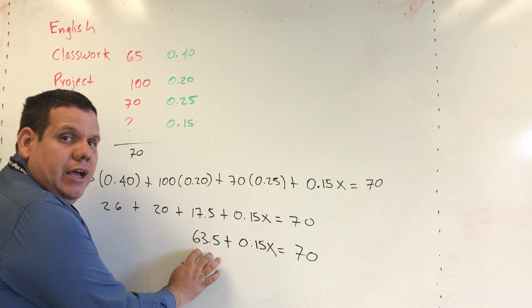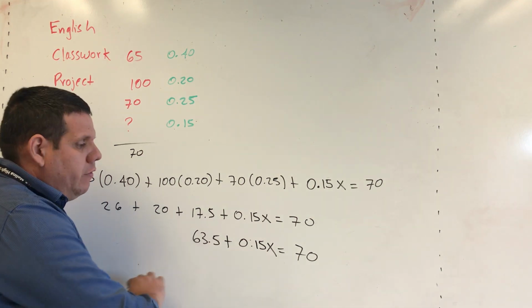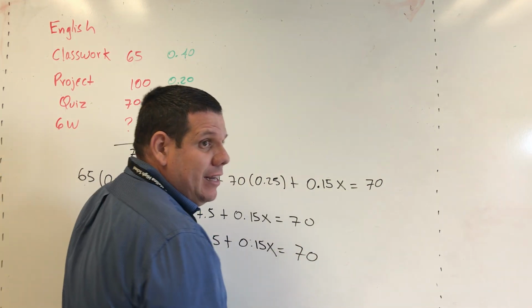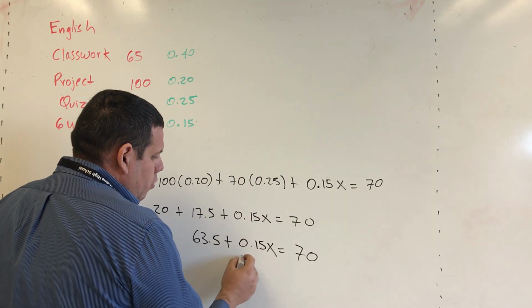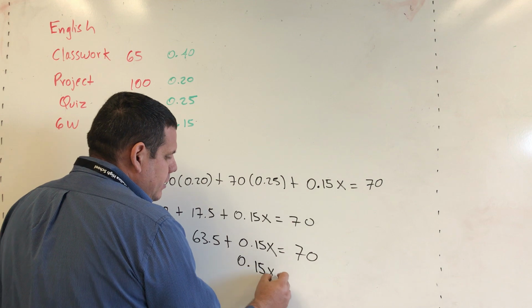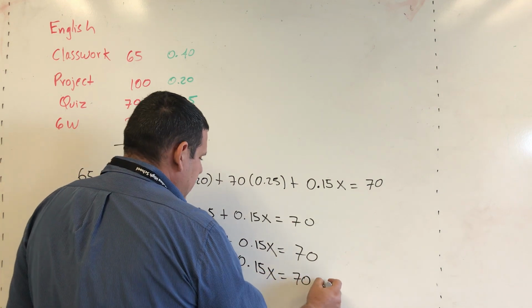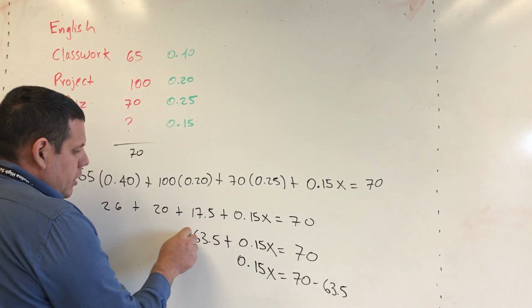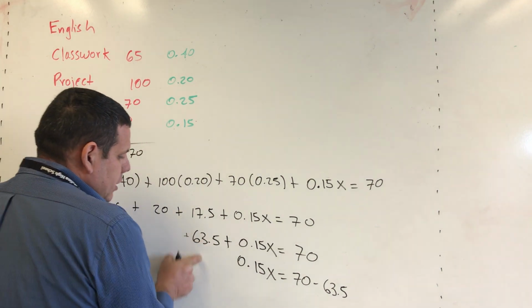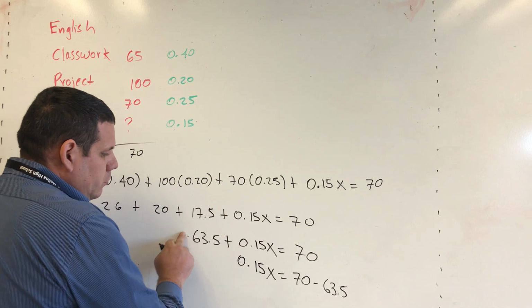This on this side is positive. If I want to move it to the other side, it should be negative because it's on the opposite side. So 0.15x equals 70 minus 63.5. Okay, as you can see here, it's positive. On the other side it's negative.